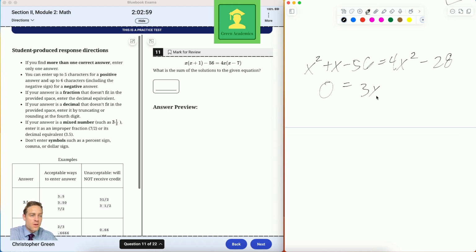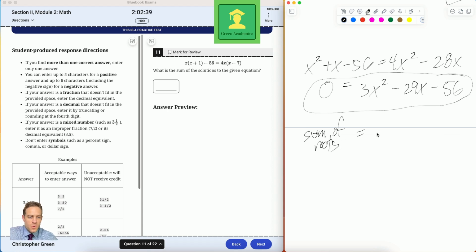Oh, sorry, I missed an x right there, of course. That's 4x squared minus 28x. This becomes 3x squared minus 29x minus 56. Then in this quadratic, or any quadratic, the sum of the roots is always negative b over a, which is just 29 over 3.